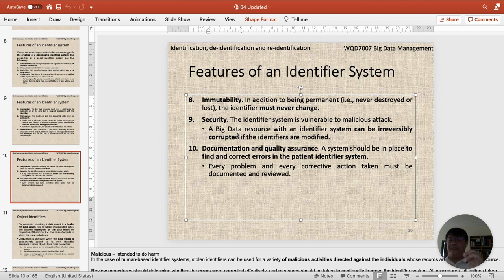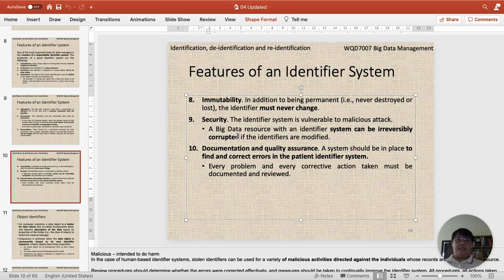Technically it's good, as in you are able to protect the data inside from malicious access, malicious attack, and also misuse. You prevent the misuse. But the bad thing about it is, of course, your whole big data resource is affected, and it depends on whether you have backups to restore the whole thing or not.